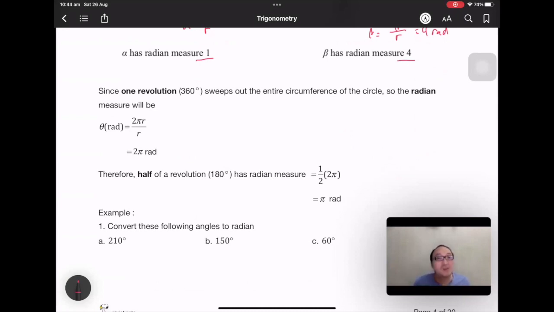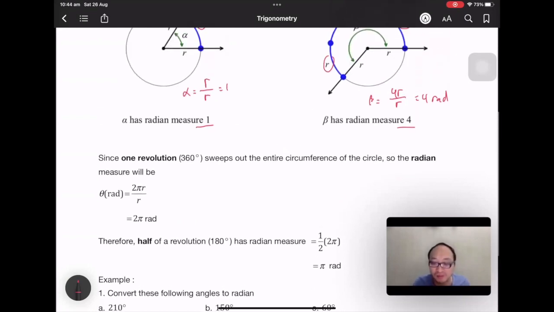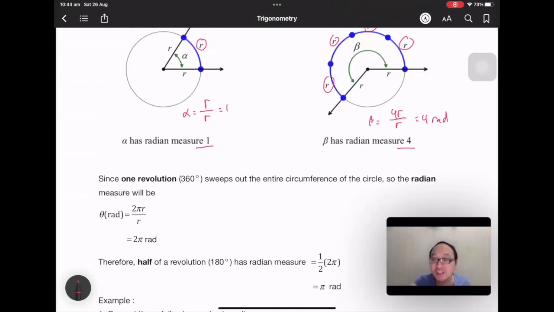Since one revolution is 360 degrees, it sweeps the entire circumference of the circle. So the S will equal 2 pi r, the circumference of the circle. So the radian measure equals S, 2 pi r, divided by the radius.